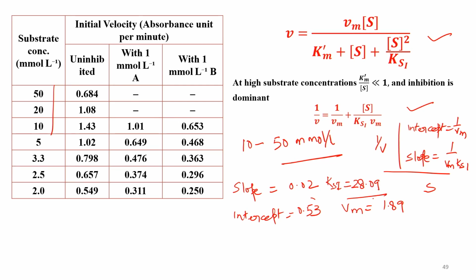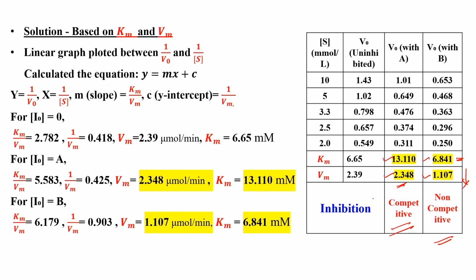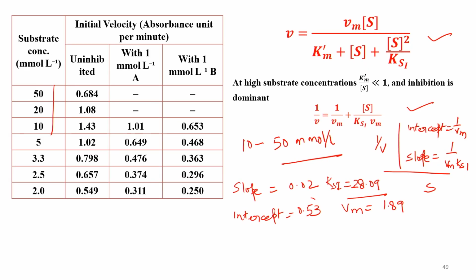Once we know the KSI and Km, which we have already calculated, and in the absence of inhibitor the value of Km was 6.65, we can calculate the value of S max. S max, if you remember, is KSI into Km, and if I calculate, this value is 13.68 millimole per liter.